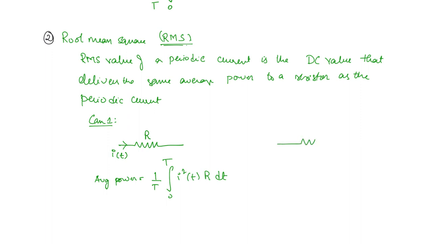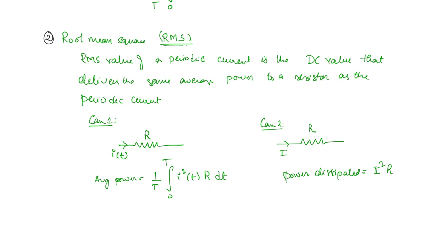Now through the same resistor R, a DC current is flowing, let us say. What will be the power that is dissipated here? The power dissipated here is I squared R. So what is given in the definition here? The RMS value is the DC value that delivers the same average power as the periodic current.